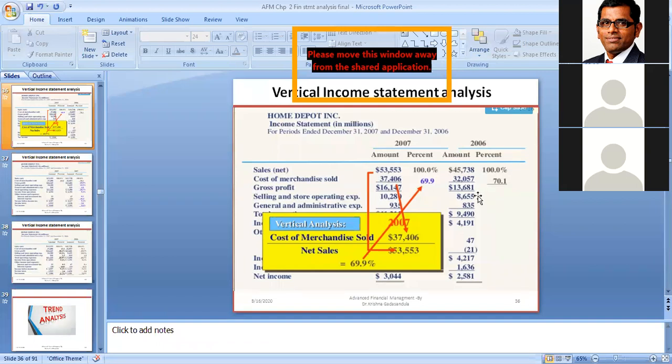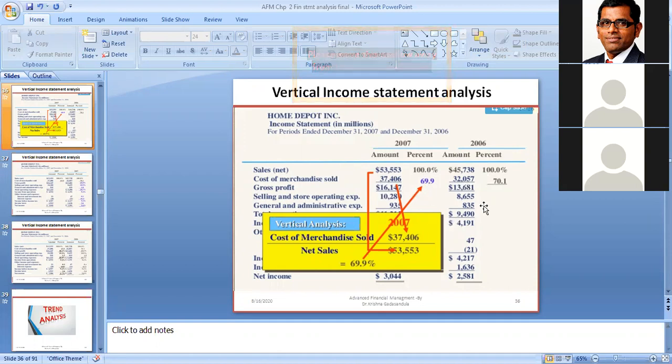Like this, compared to the sales, we see how much percentage each component is. Here we are comparing with the sales as a major component. So it's a good sign. This gives some interpretation for management, and even employees can understand. If they hand over these analysis statements to the banks, they will see how the cost is moving, how the cost and gross profit are increasing or decreasing.